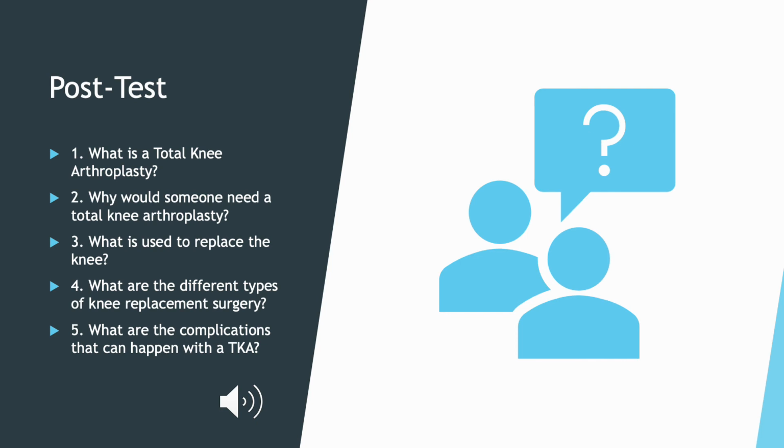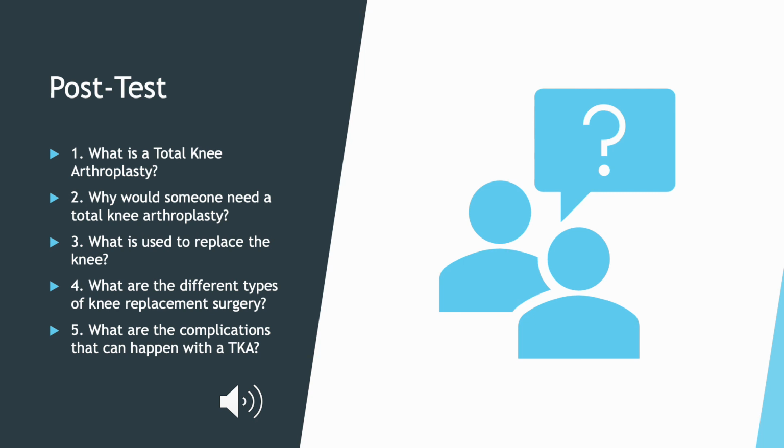All right. You have learned so much about total knee arthroplasty and gained a basic fundamental knowledge about total knee replacements. So let's try this post test to see how well you were paying attention on the previous slides. 1. What is a total knee arthroplasty? 2. Why would someone need to have a total knee arthroplasty? 3.